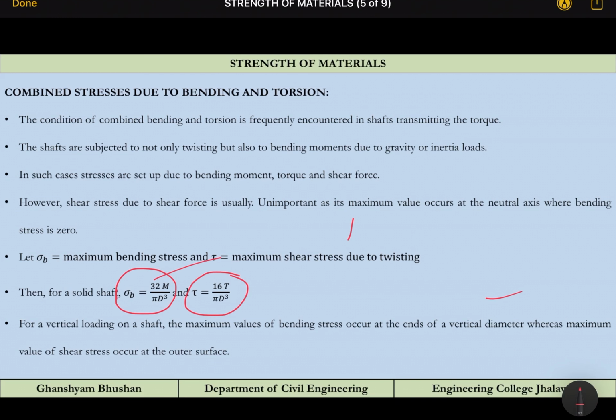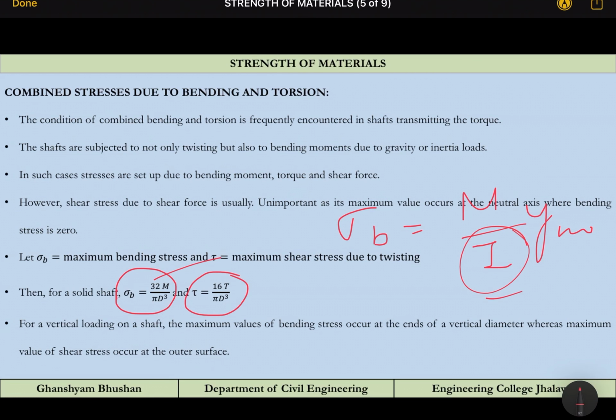This is nothing but sigma b equals M by I into y max, where I is pi by 64 d raised to power 4 and y is d by 2.